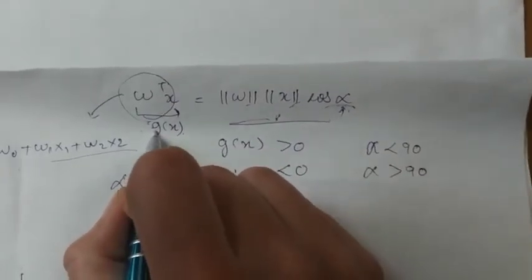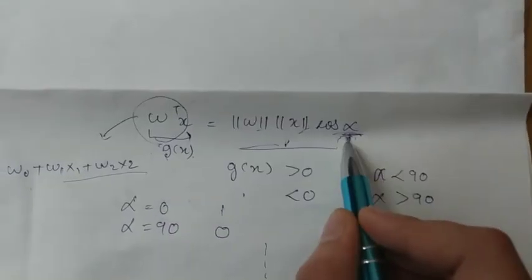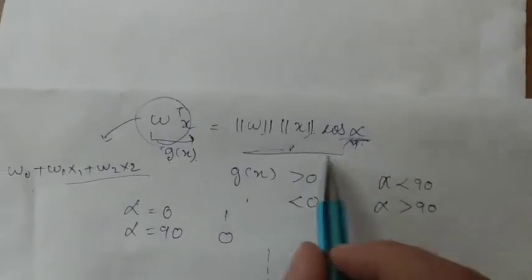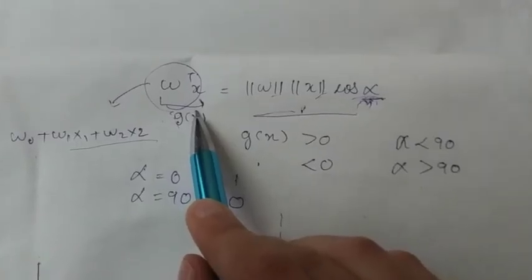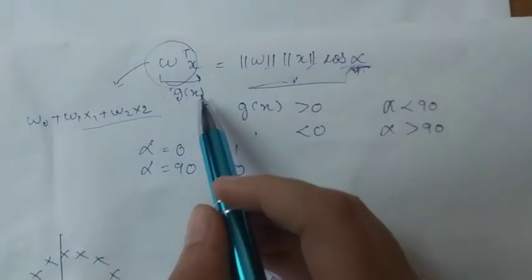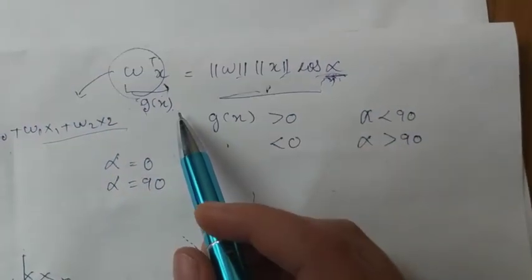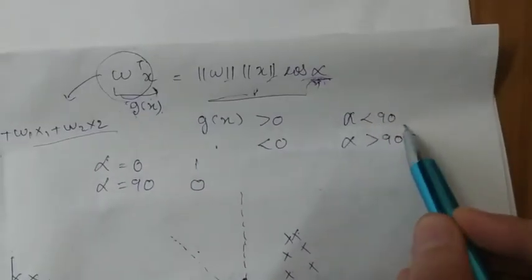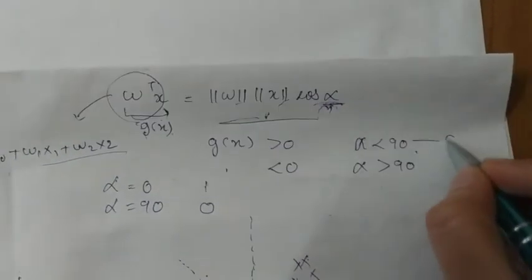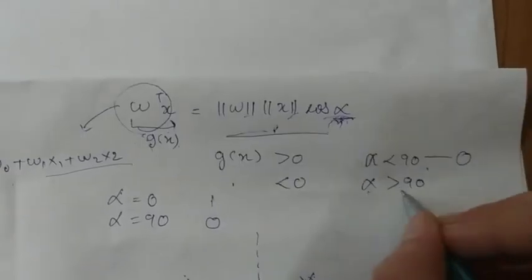Similarly, if alpha is greater than or equal to 90, we obtain a value less than or equal to 0. So in our example, if alpha is less than 90, it will be classified as a circle, and if alpha is greater than 90, it will be classified as a cross.